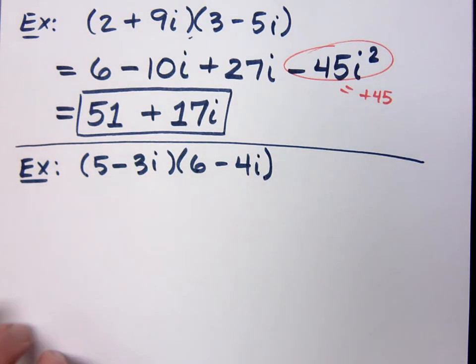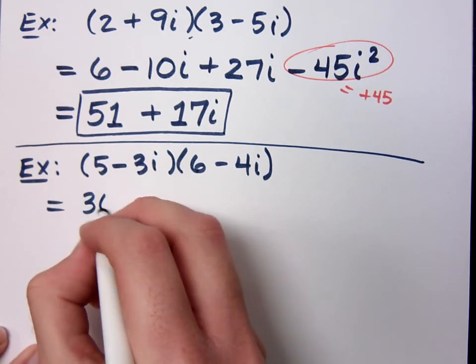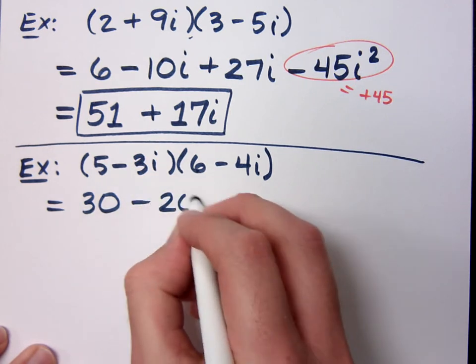Let's take this example right here. 5 minus 3i times 6 minus 4i. Even though I'm not telling you to FOIL, the instructions would be to simplify, perform the indicated operations, and simplify your answer. So when I FOIL, what do I get? First terms is 30. Outside is minus 20i.